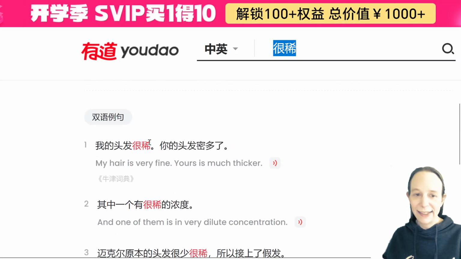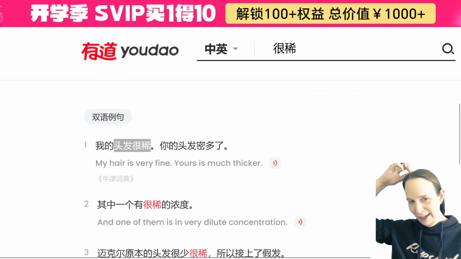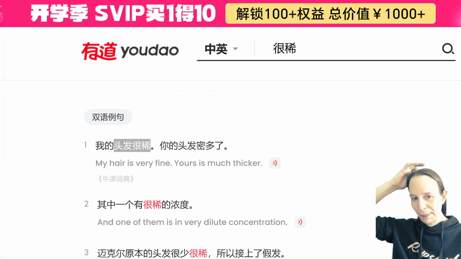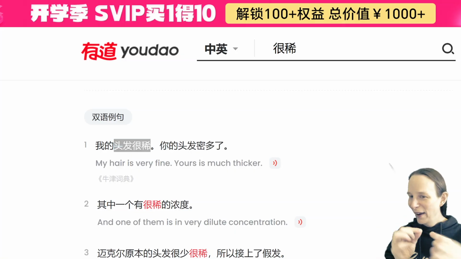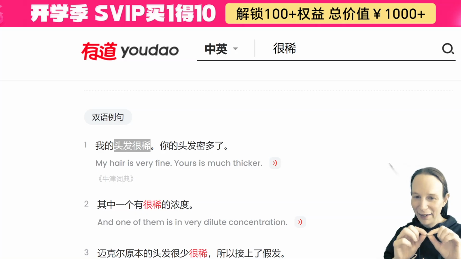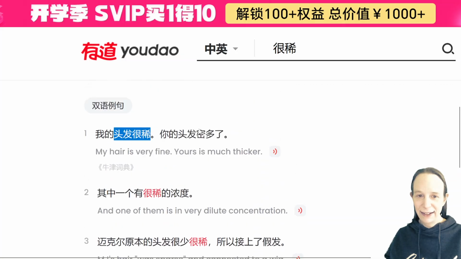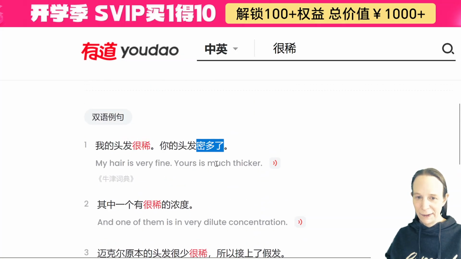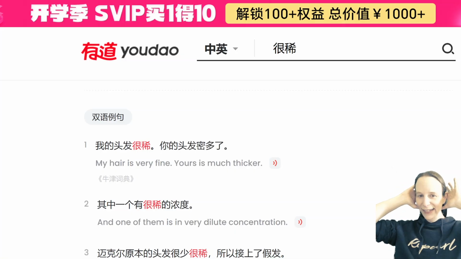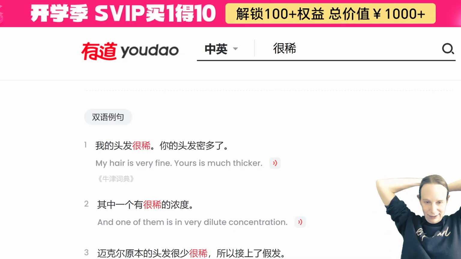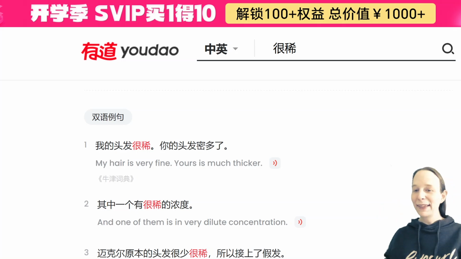头发很稀. My hair is fine, is it? Well, fine means the strands of hair are thin, not that your hair is sparse. So maybe it's not talking about the strands. Maybe the hair is interpreted as a single entity. I never thought about this.